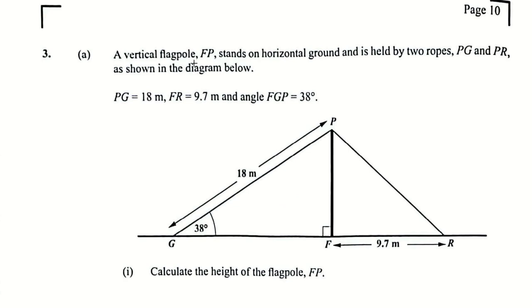A vertical flagpole FP stands on a horizontal ground and it is held by two ropes, PG and PR, as shown in the diagram. What kind of triangles are we seeing here? We're seeing one 90 degrees and next 90 degrees. So say that this is 90 degrees as well.